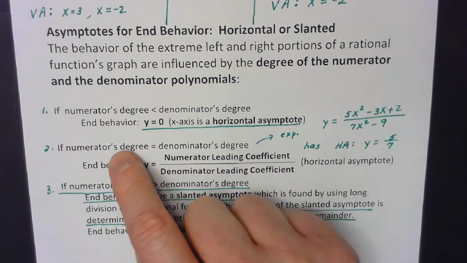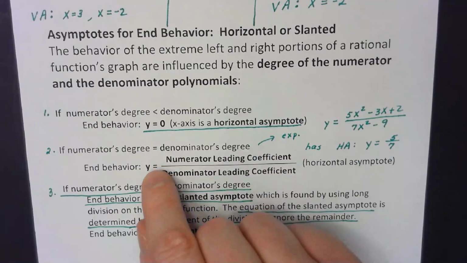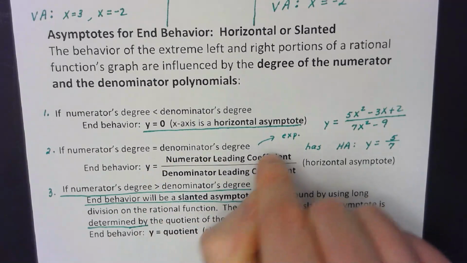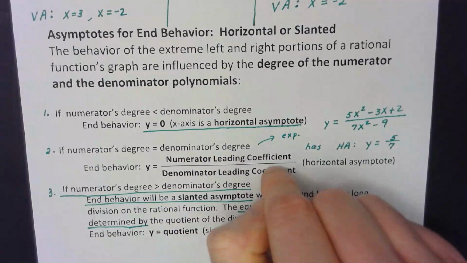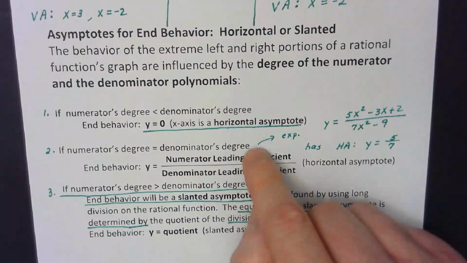Now in the second case, if the numerator and denominator have the exact same degree, you're going to have a horizontal asymptote at y equals whatever the numerator's leading coefficient is divided by the denominator's leading coefficient. I put an example over here to show you what this is referencing.